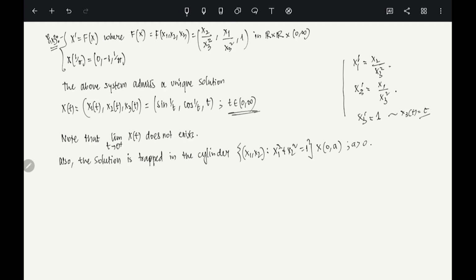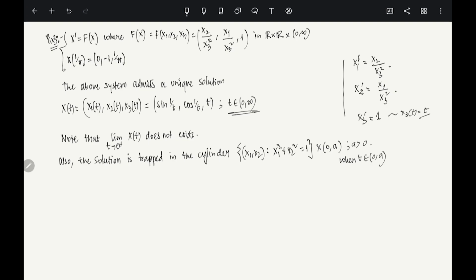Here the solution is trapped in this. So you see, when t is between 0 and a, clear? Yes. So the solution always is trapped in this region, in this cylinder.